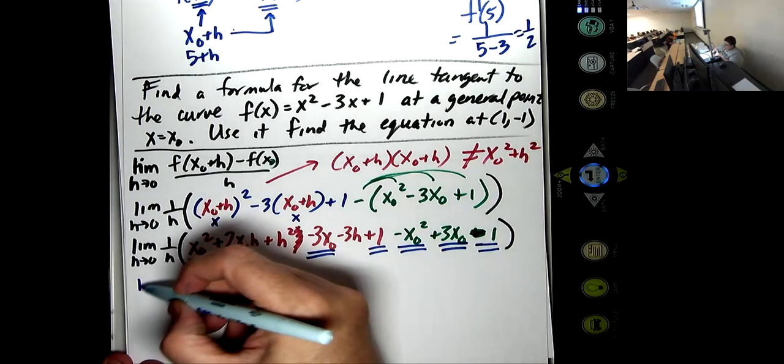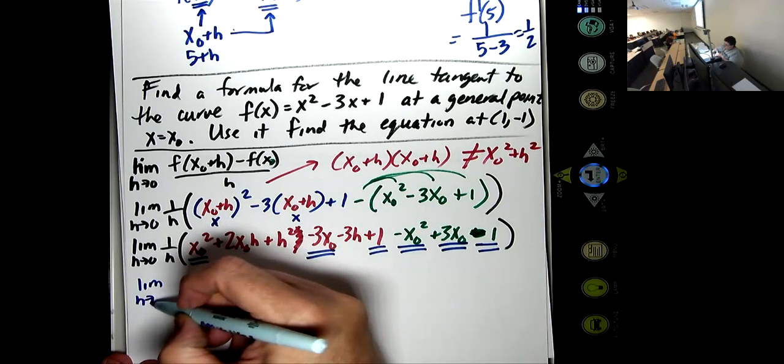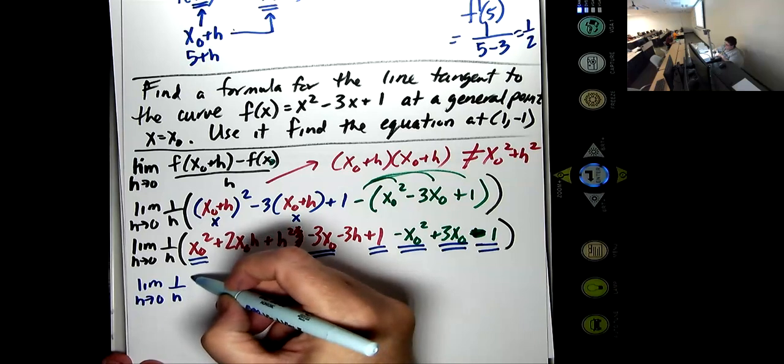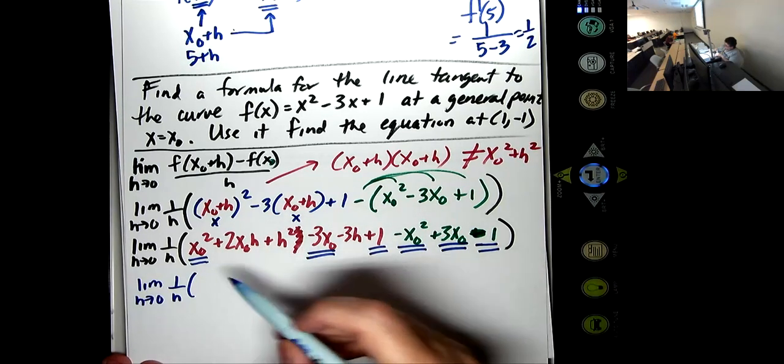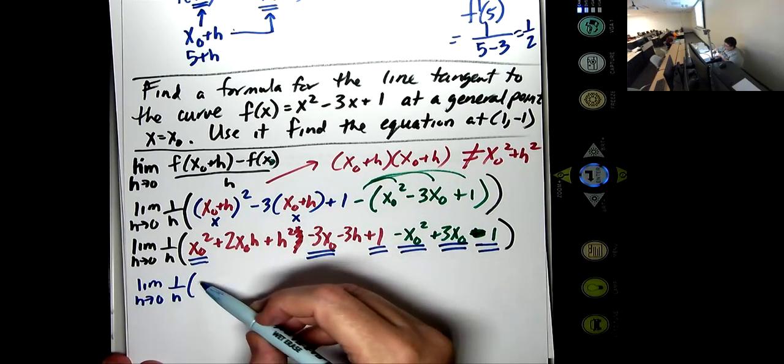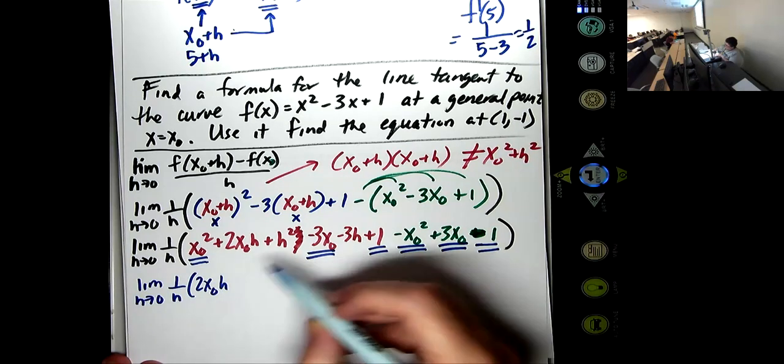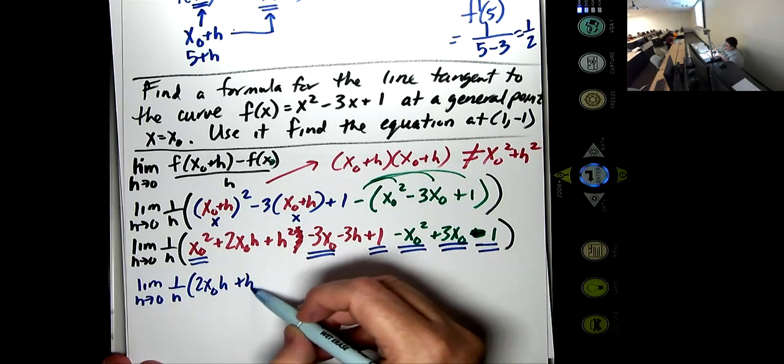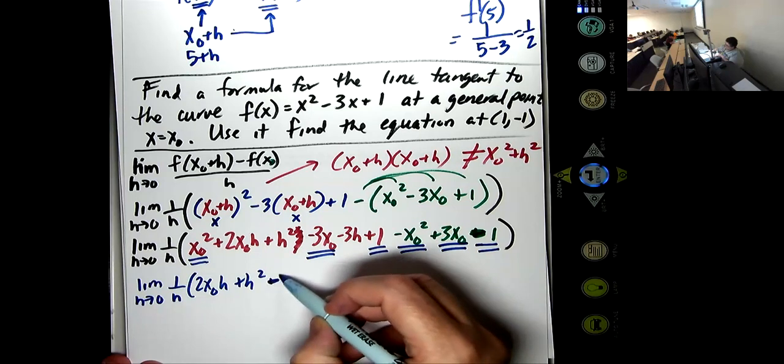So when we clean that all up, we have 2x naught h plus h squared minus 3h.